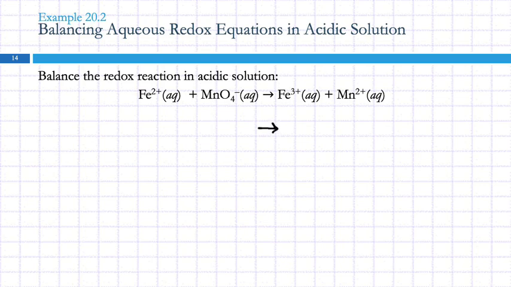So, what's on the left for the first one? Fe2 plus. What's on the left for the second one? The MnO4 minus.